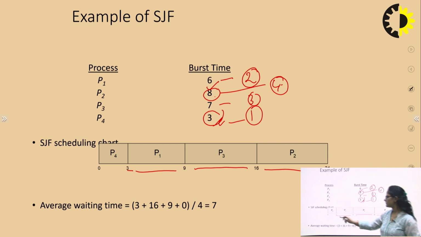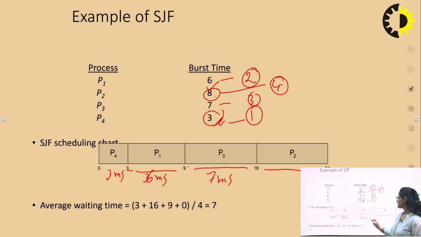So P4 has freed the CPU after 3 milliseconds, then after 3 plus 6, 9, P1 has freed it, then 9 plus 7, 16, P3 has freed it, and then 8 milliseconds, so 16 plus 8, at 24 P2's work finishes.